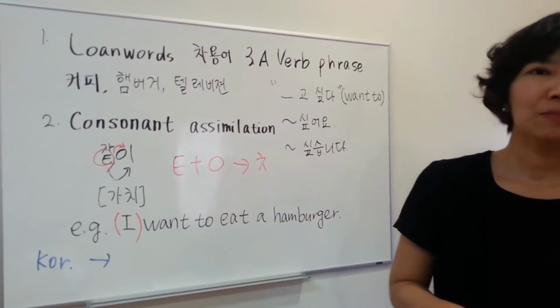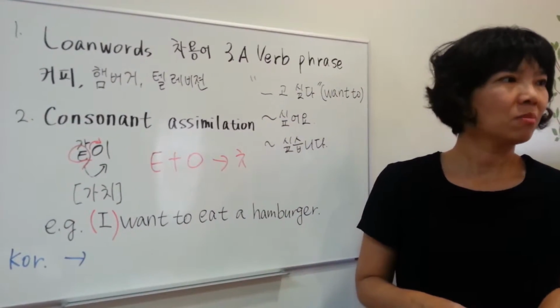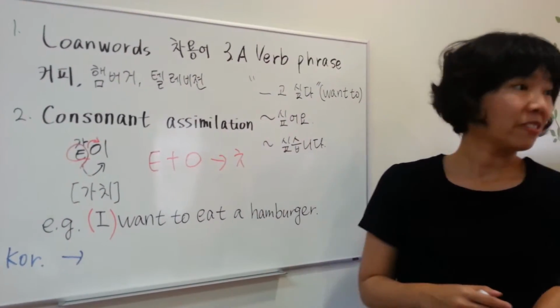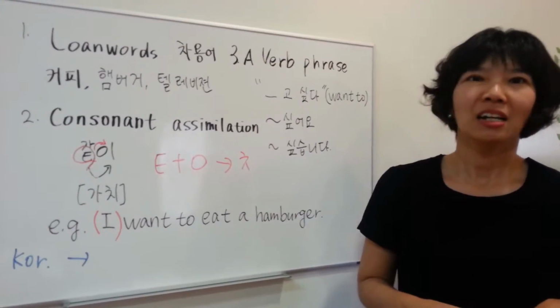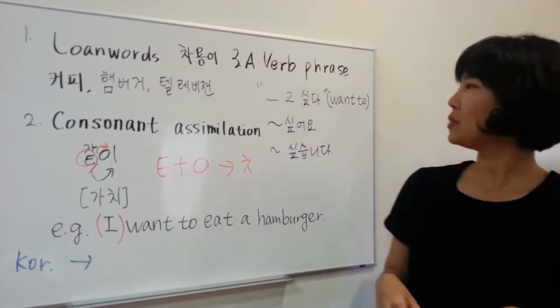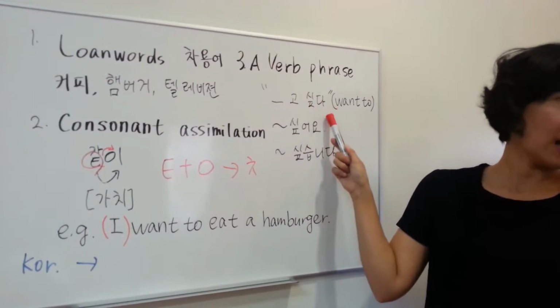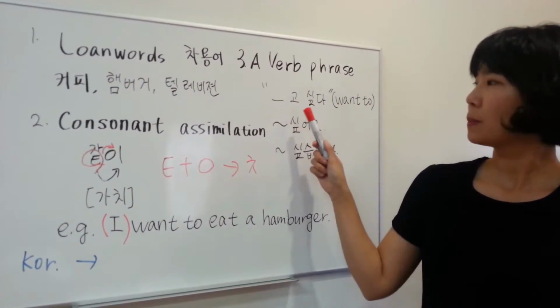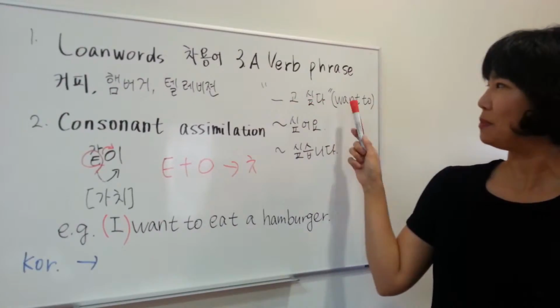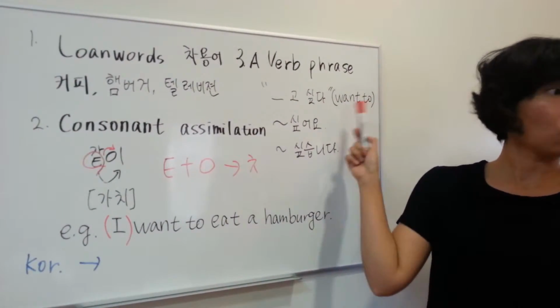And last, I'm going to introduce some useful verb phrases in Korean. So today I'm going to explain 뭐뭐 하고 싶다. 하고 싶다, 고 싶다. That means "want to" in English.